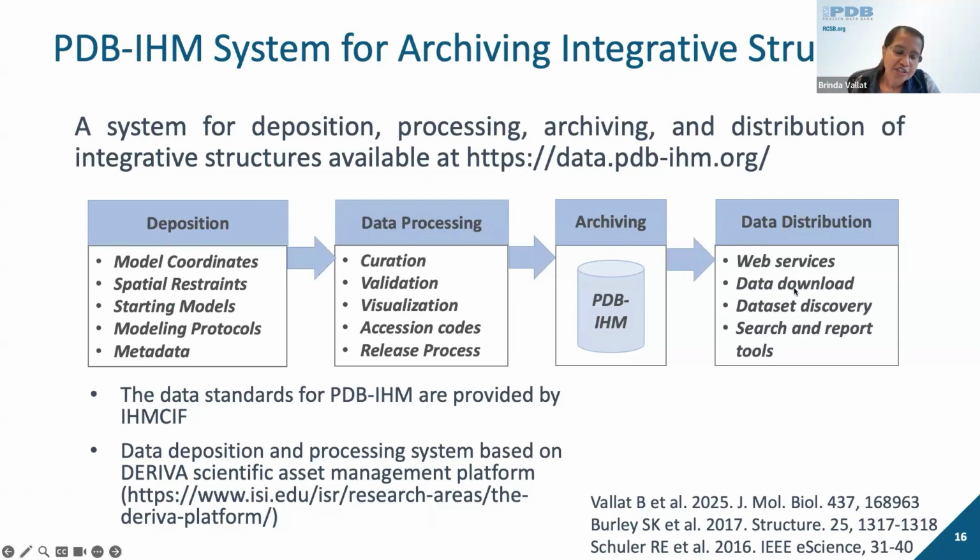This is a representation of the data pipeline where modelers or depositors can come in and deposit structures, including the coordinates, spatial restraints, starting models, etc. That gets taken up by our data processing pipeline, where we carry out curation, validation, and visualization. Then the structures are archived and distributed. I will focus on the data distribution aspect so that you're able to explore these structures on rcsb.org, but I will quickly cover the rest of it so you have background information on how this is being done.